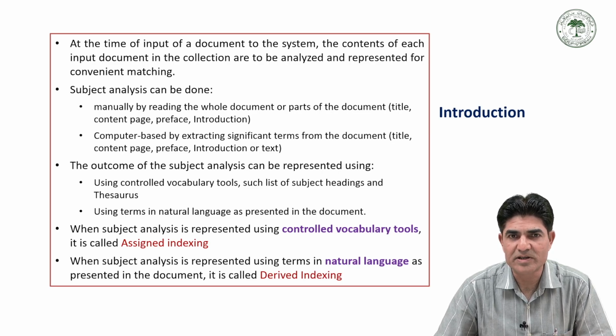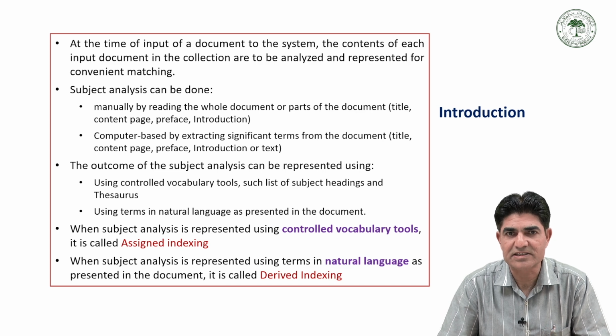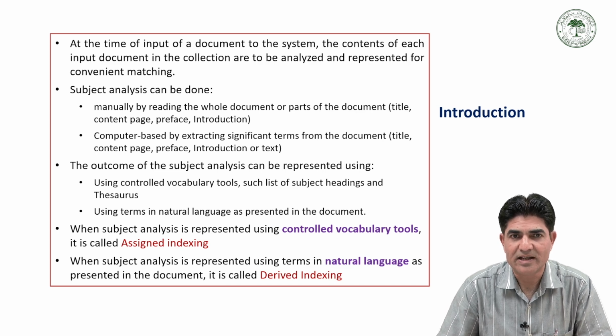And the indexing system may be derived or assigned. During the process of indexing, we need to do the conceptual analysis, that is, the subject analysis and the subject representation. The subject analysis can be done manually or by the computer.